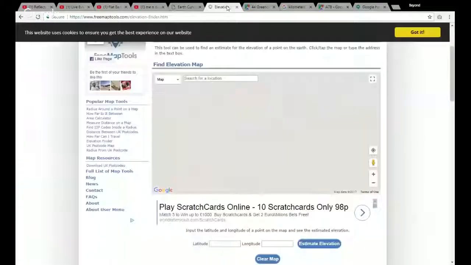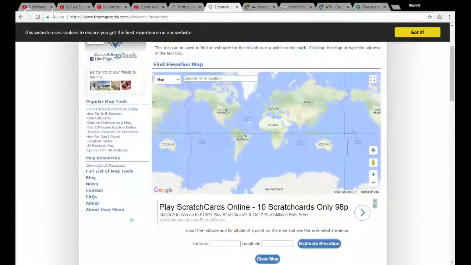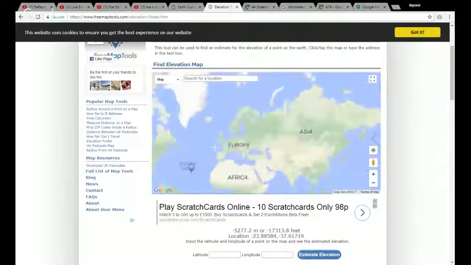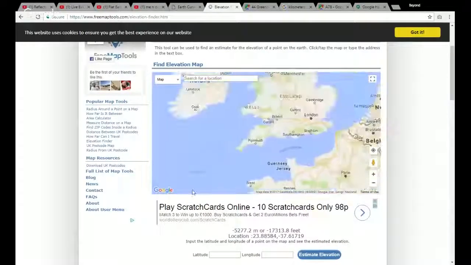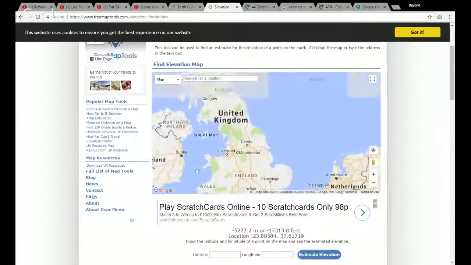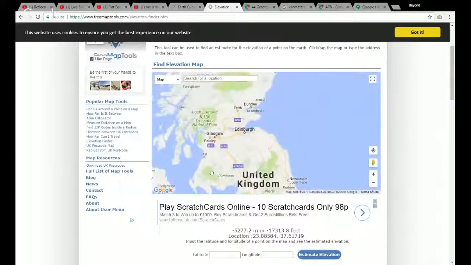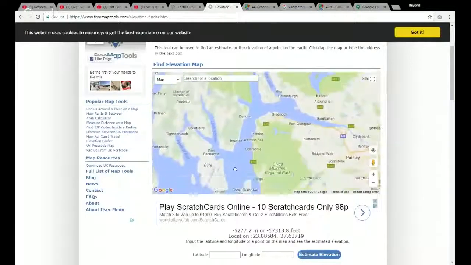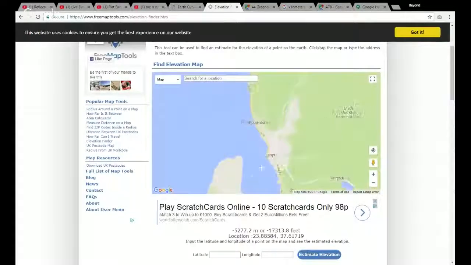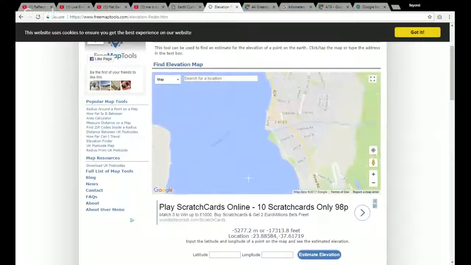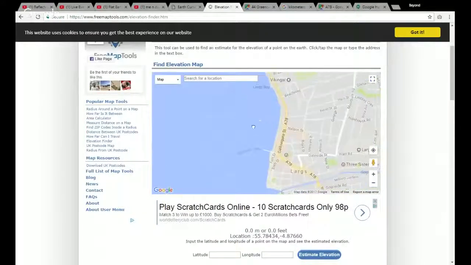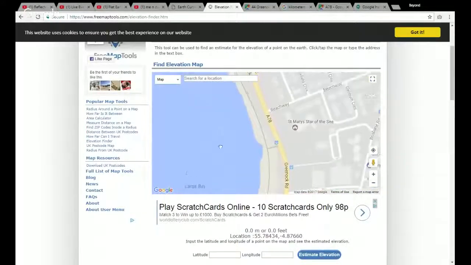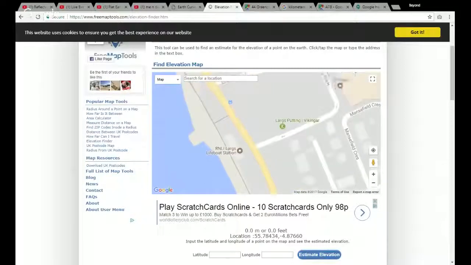So elevation finder, I found my original one. This one's a wee bit better because we can get right in and pinpoint exactly where we were.